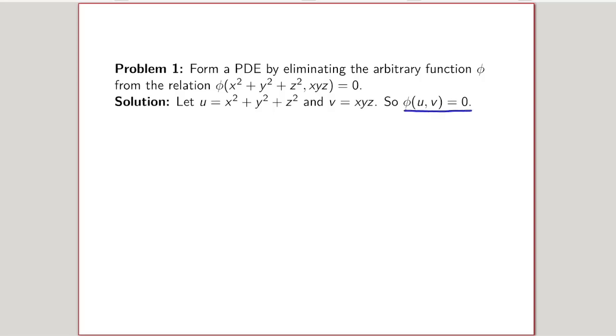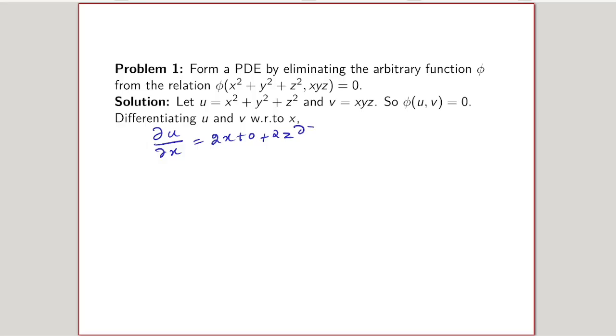Now we already know that we have to differentiate u and v with respect to x. So dou u divided by dou x will be 2x plus 0 plus 2z into dou z by dou x.